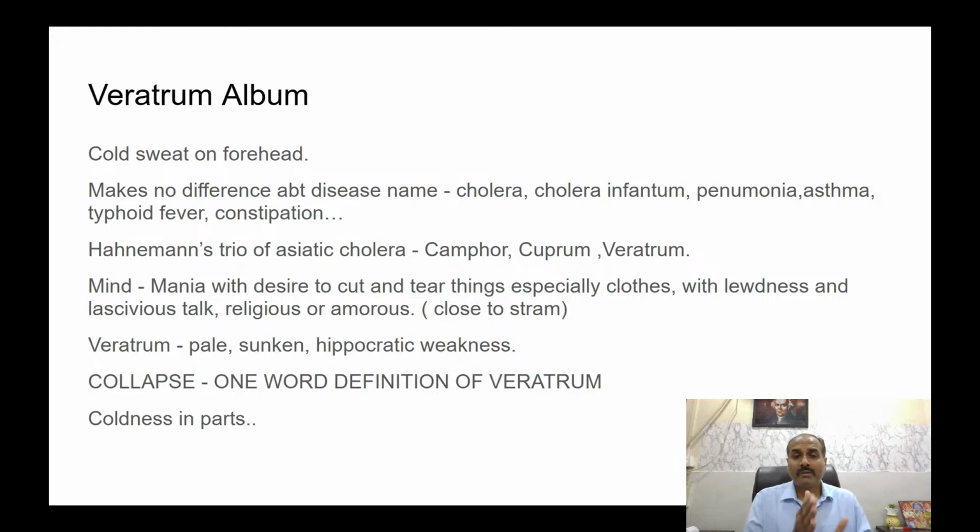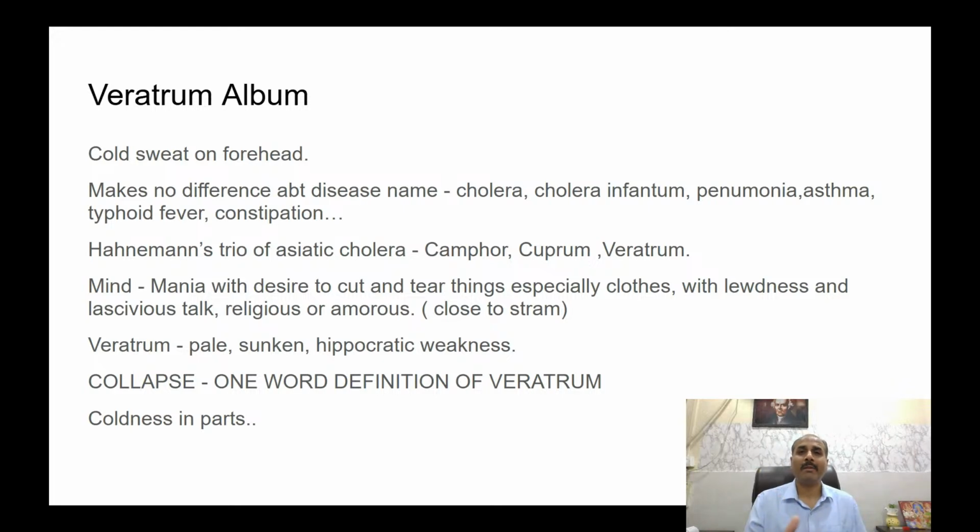Veratrum as a remedy, you will see in all the cases, whatever is the pathology, cold sweat we all know. But the second thing that we know of this remedy is pale, sunken, hippocratic face, and weakness, which is a peculiar characteristic. And a one word definition for Veratrum album that will go hand in hand with everything else you see in the patient is collapse. There would be coldness, there would be collapse.